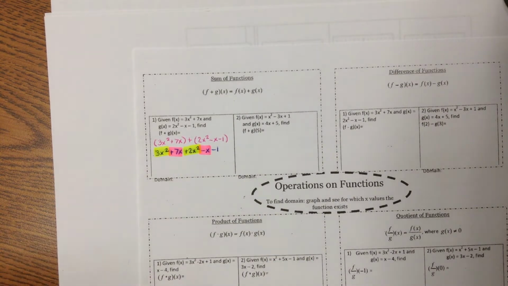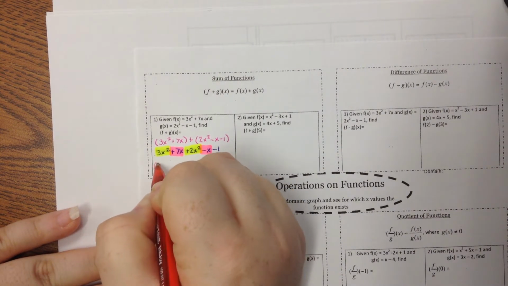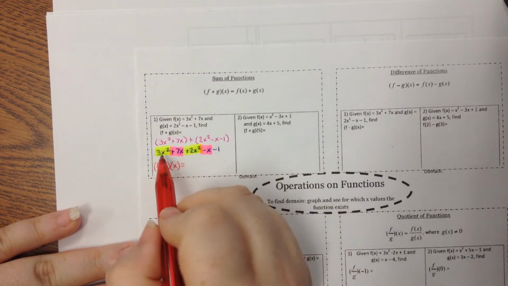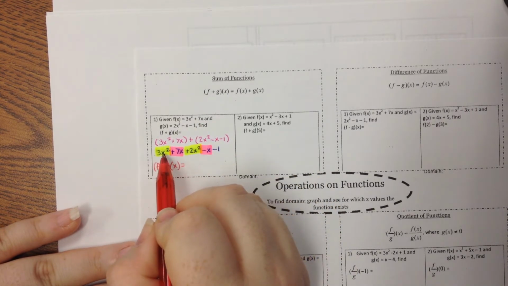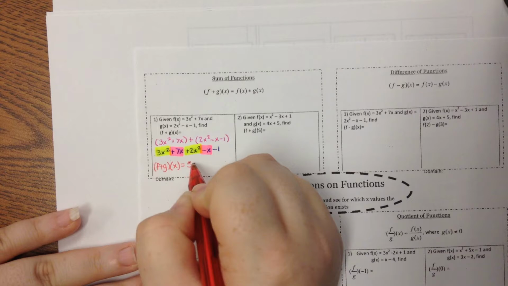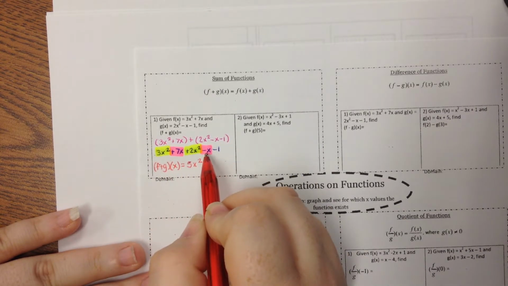So I go ahead and come down to my answer because I can combine our like terms. It's going to be f plus g of x is equal to, I'm going to start with my highest exponents, which are x squared. I have a 3x squared plus a 2x squared. That turns out to be 5x squared. Then I have a positive 7x and a minus x.